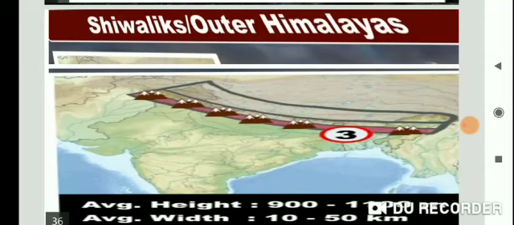They are composed of coarse sediments brought down by the rivers from the main Himalayan ranges, and these valleys are covered with thick gravel and alluvium soil.